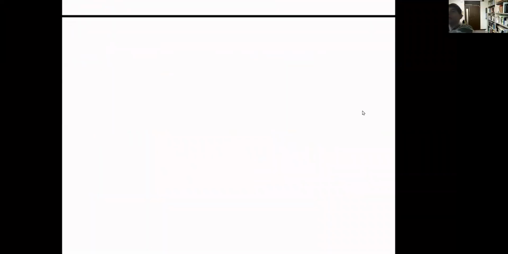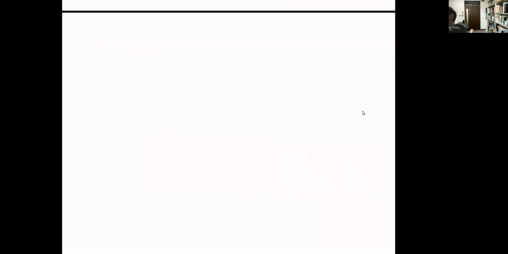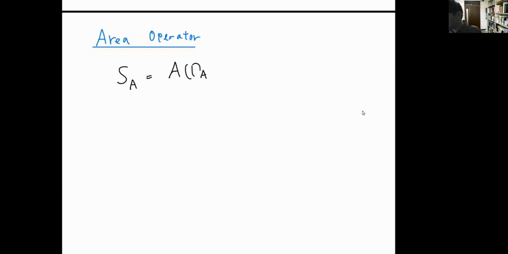Okay. Before I go to this phase transition issue, I also want to mention one useful idea, which is called the area operator. At least up to one loop order, we find this formula: the minimum area surface divided by 4 G Newton.